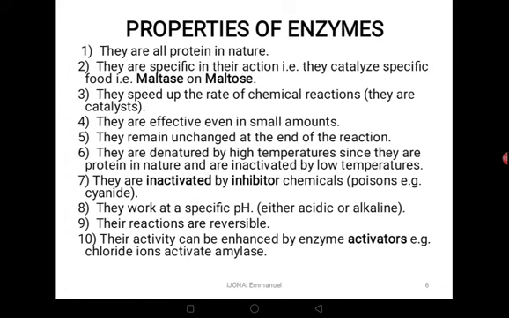Secondly, they are specific in action. So they catalyze specific foods only. For example, maltase only acts on maltose. If you brought sucrose, maltase cannot act on it. So they are very specific, only to a given food substrate. The other one is they speed up the rate of chemical reactions, meaning they are catalysts.